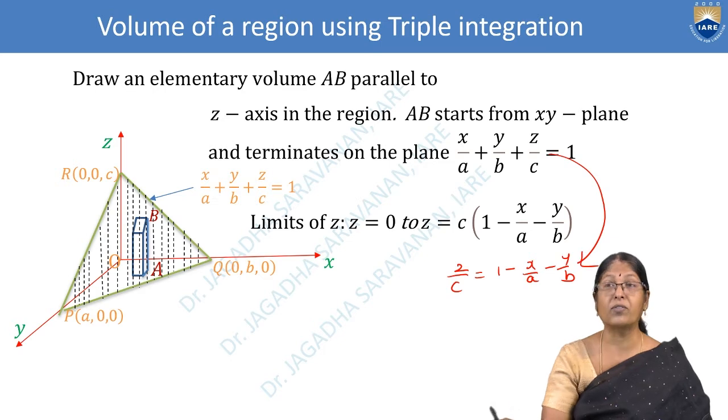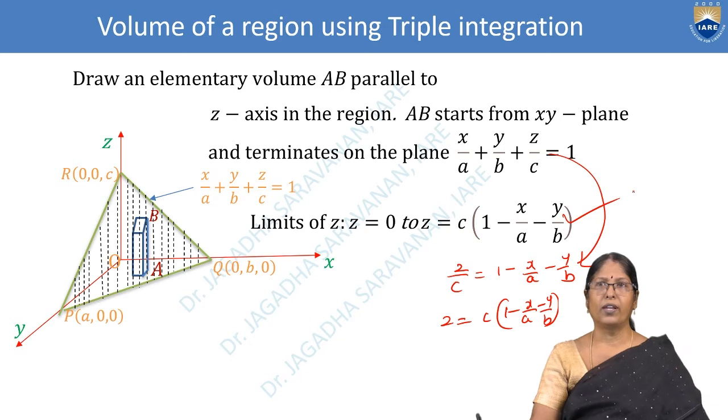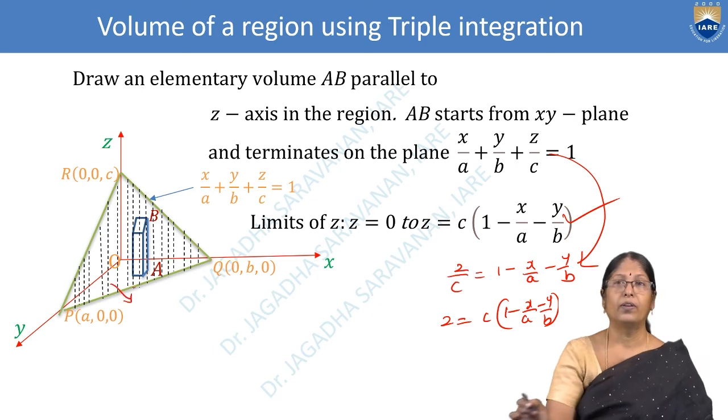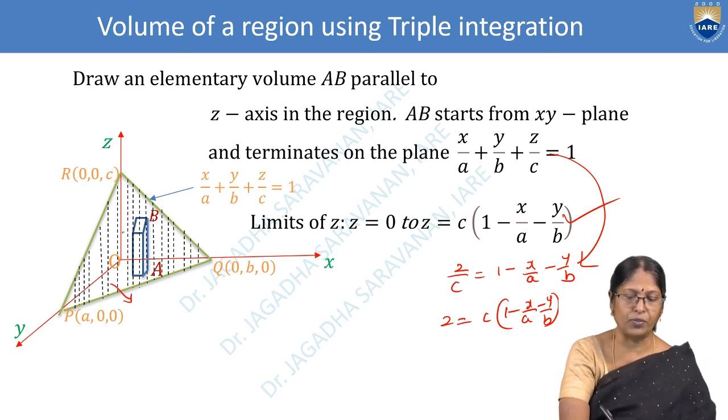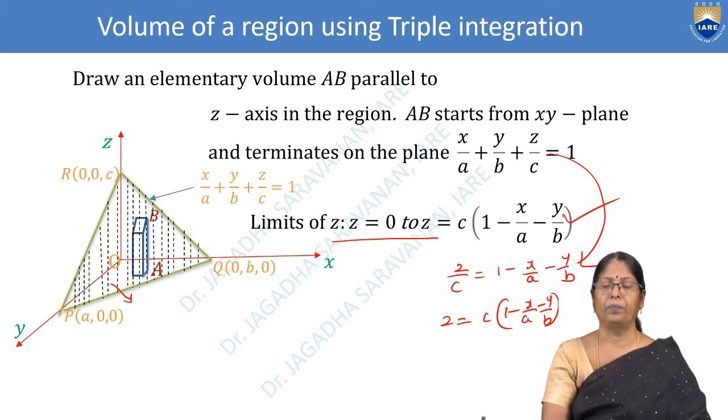From here we get z equal to c times (1 minus x by a minus y by b). That's what is written here. So the limits for z are from 0 to the plane.